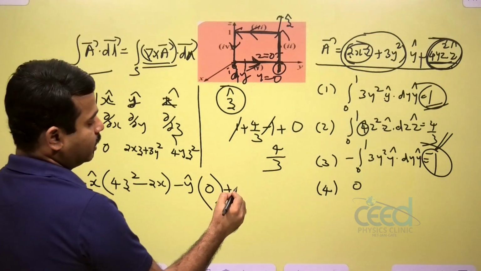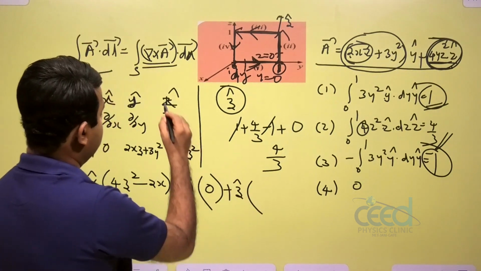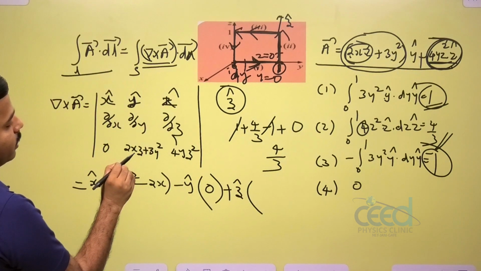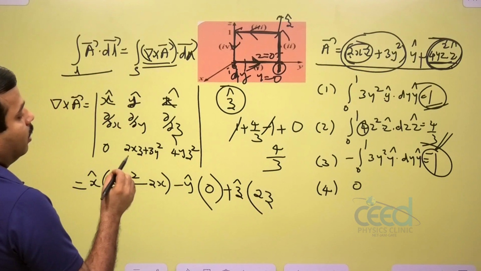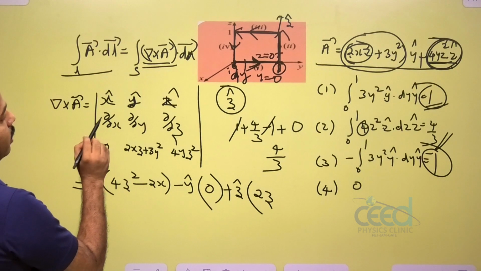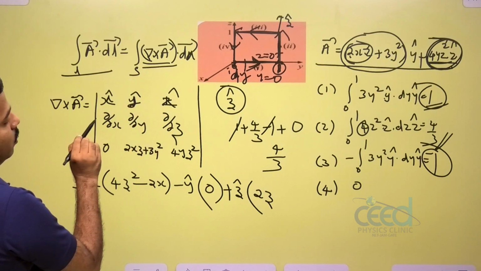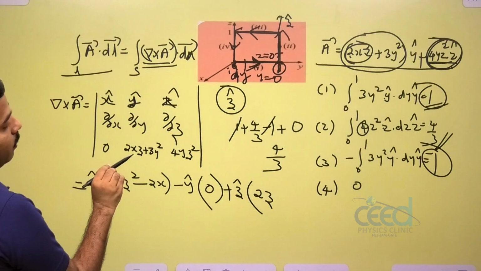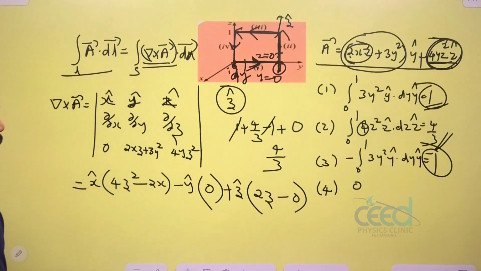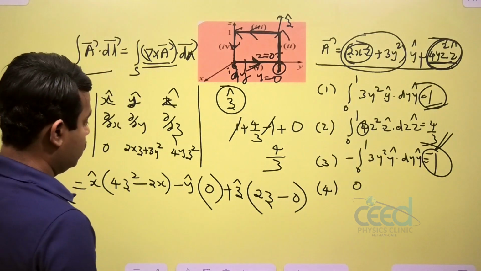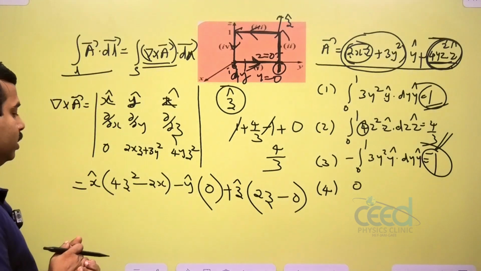Now z cap into dou by dou x of this, that means 2z, minus 0. This is the cross product I got.